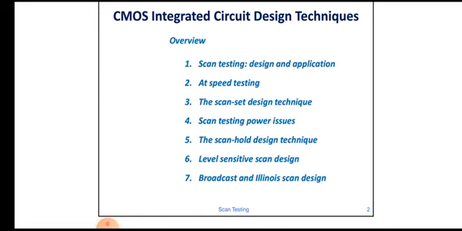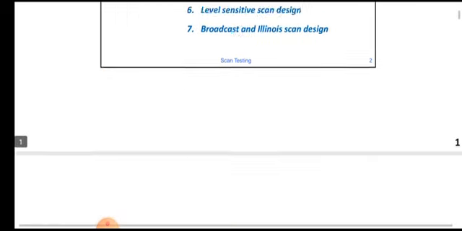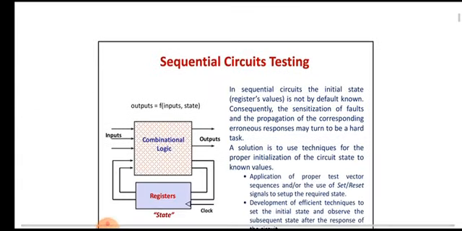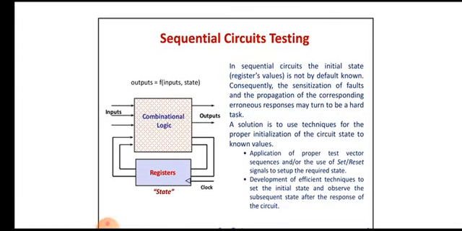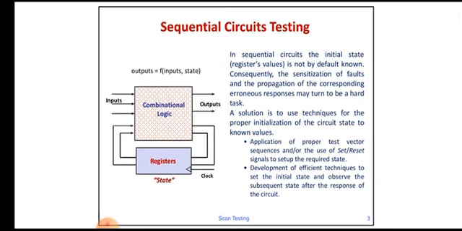Illinois scan design. Okay, so today we start our topic with sequential circuit testing, which is also a good topic. Before going into the depth of sequential circuit testing, we should know about the sequential circuit.